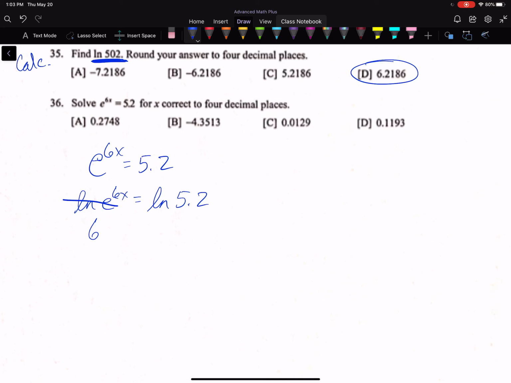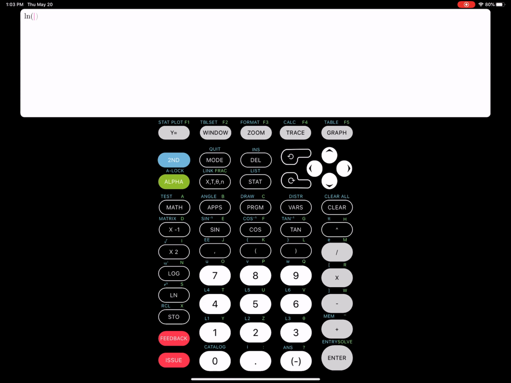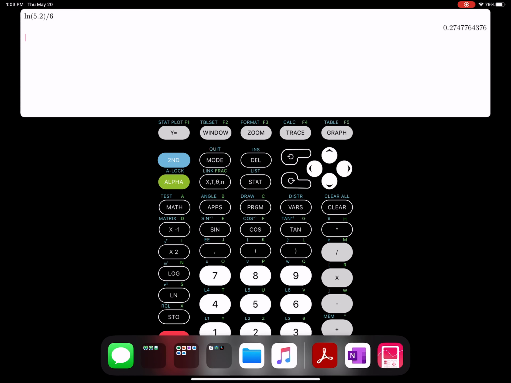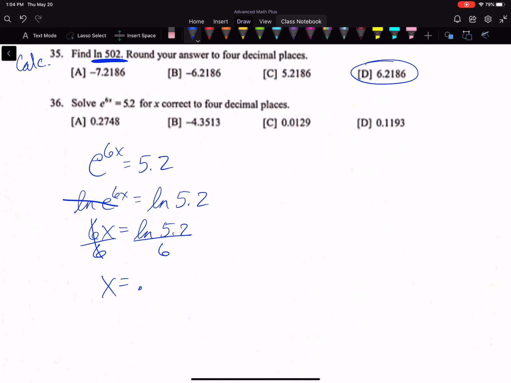So you're left with 6x equals natural log of 5.2. And you just divide by 6. And you put that in your calculator. Natural log of 5.2 divided by 6. Okay. 0.2747. Blah, blah, blah. I guess it rounded to 0.275. So, A. Okay?